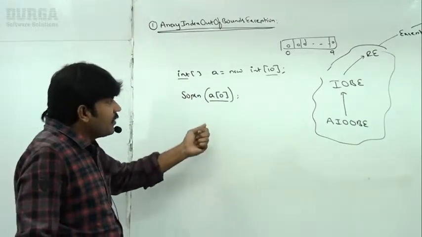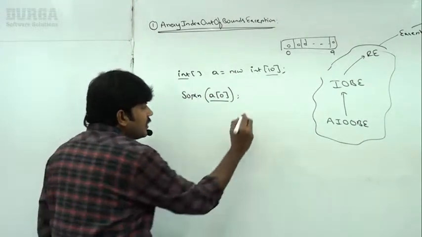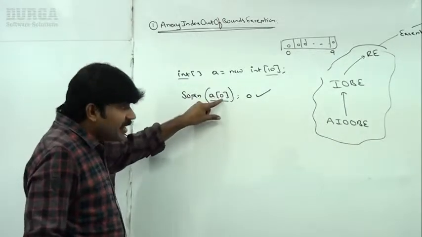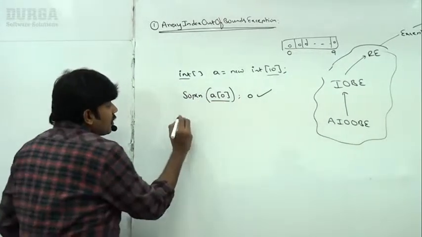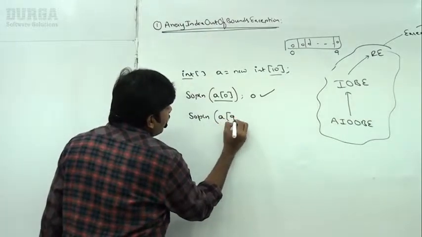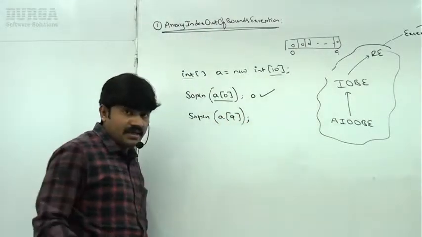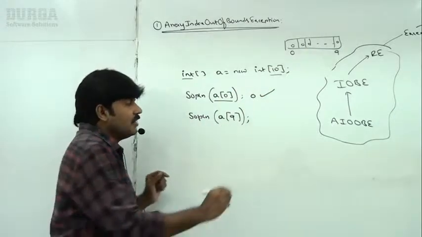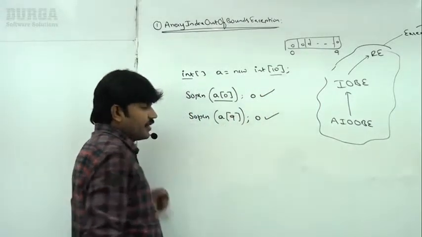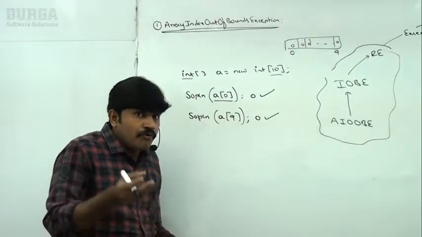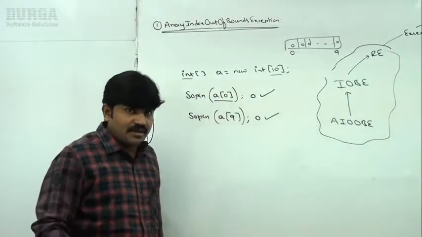What is the element at index 0? 0, it is perfectly valid because it is a valid index. Now System.out.println of a[9]; 9 is also a valid index if the array size is 10. We are going to get 0. So we are accessing array elements with valid indexes only.